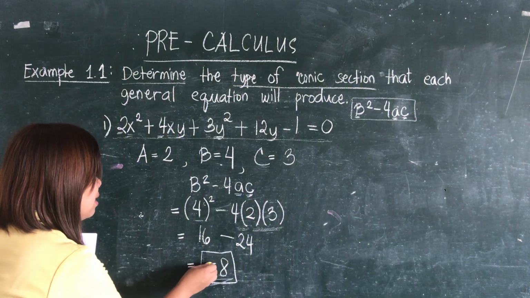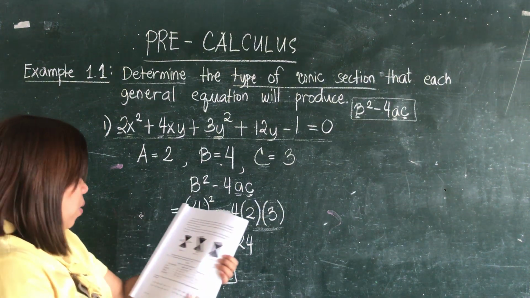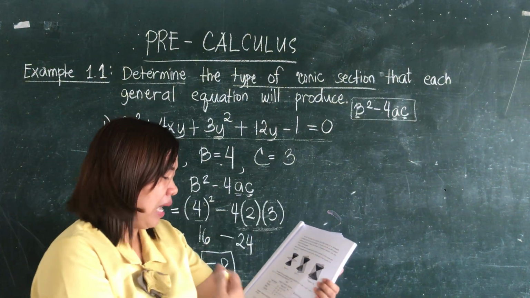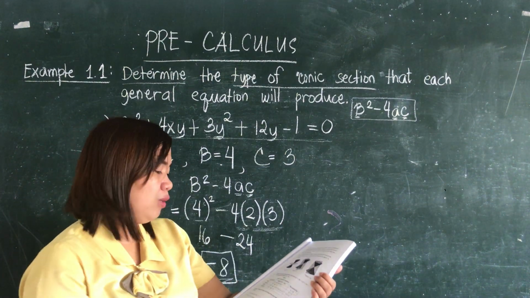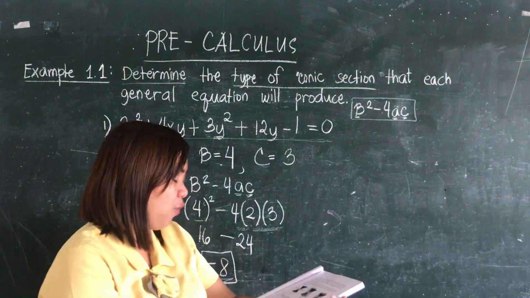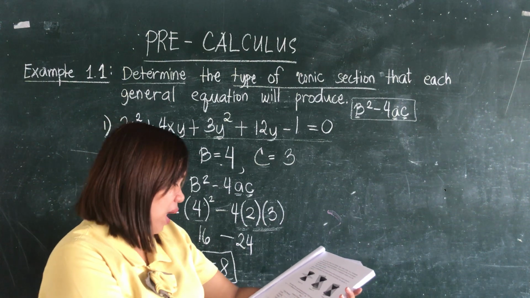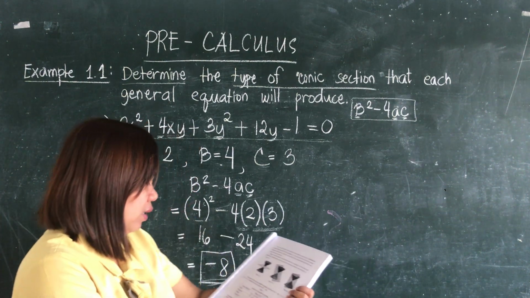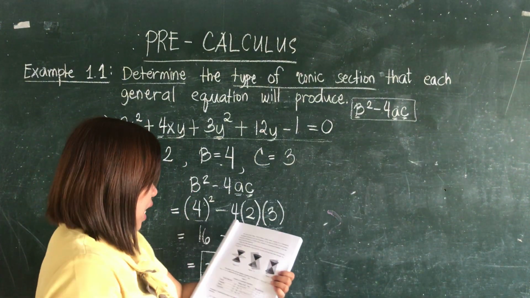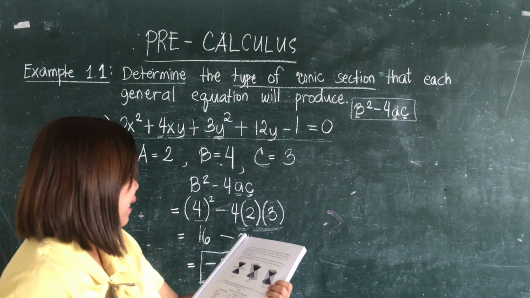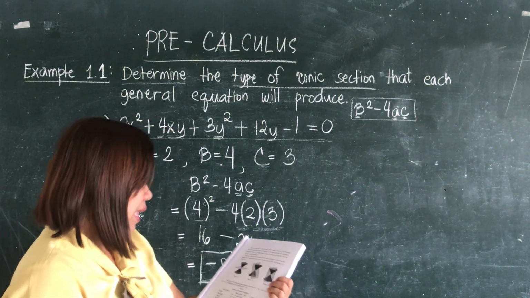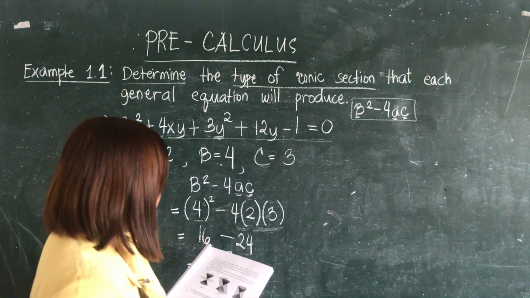Since it is negative, is it a circle, parabola, ellipse, or hyperbola? If it is a circle, b squared minus 4ac should be less than 0, and a should be equal to c.